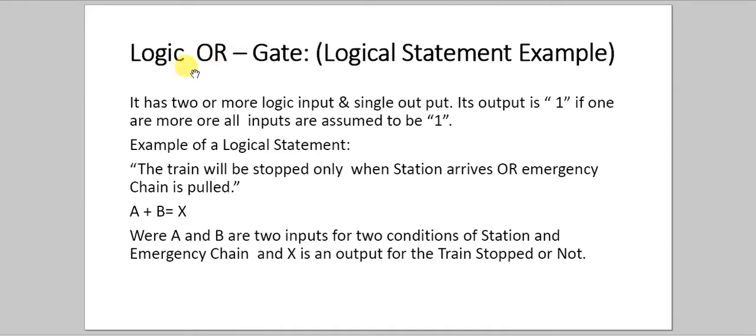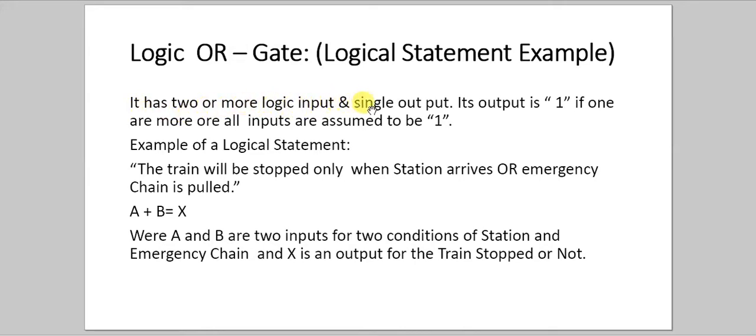Logic OR gate. This is not the normal OR where we say this or that. This is actually OR, capital O, capital R, meaning logic OR gate. Along with it, we are going to explain logical statement examples. What is a logic OR gate? It has two or more logic inputs and a single output.